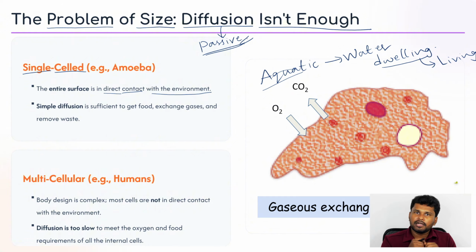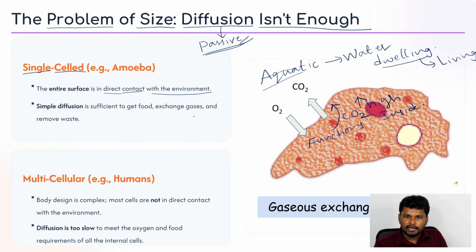So as it is surrounded by the water all the sides and all the time, the gaseous exchange, for example, inside the body functions can be performed, and they will release the carbon dioxide. So the carbon dioxide gets very high inside. When the carbon dioxide is high inside, that means the carbon dioxide is low outside. So the gases pass from high concentration to low concentration.